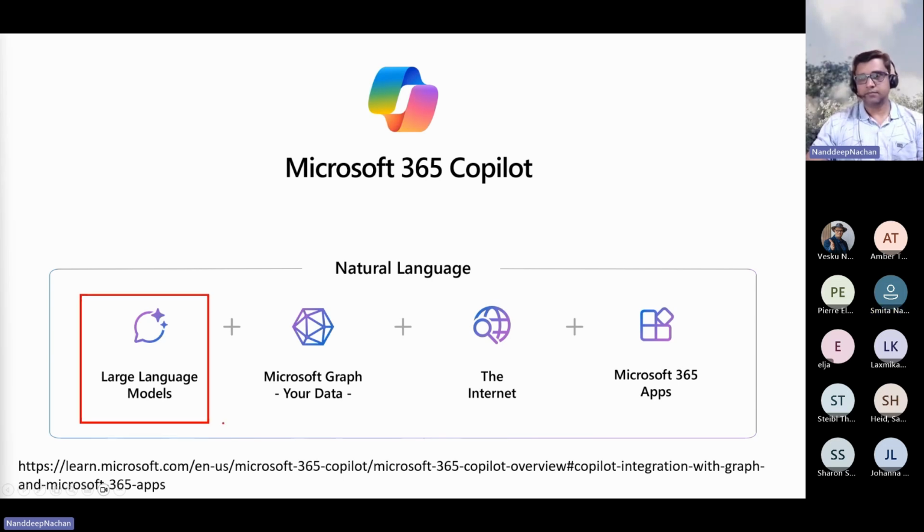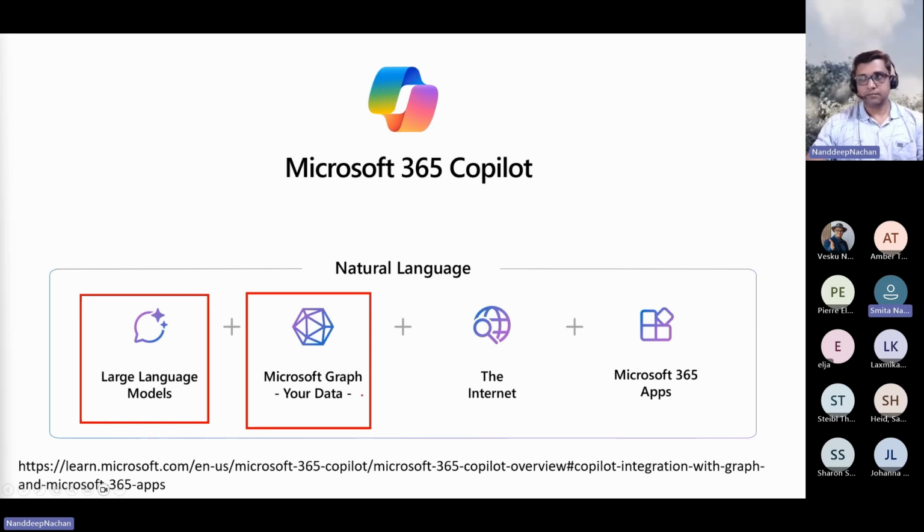The first one is the LLM, the large language models. Copilot is more than OpenAI's ChatGPT embedded into Microsoft 365. It is a sophisticated processing and orchestration engine working behind the scenes to combine the power of LLMs, including GPT-4, with Microsoft 365 apps and your business data in the Microsoft Graph, now accessible to everyone through natural language.